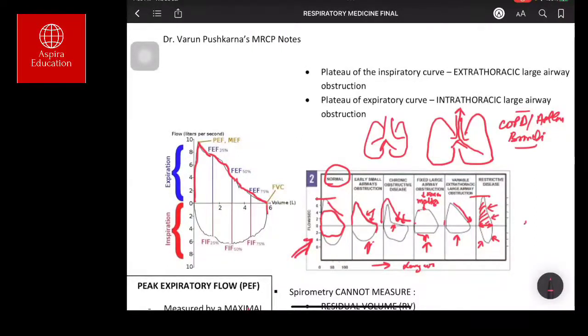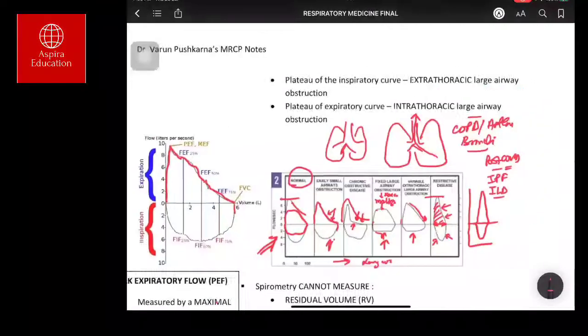So you see a quick expiration followed by a quick, short inspiration. So this is ILD or pulmonary fibrosis, post COVID lung syndrome. These are all the same.